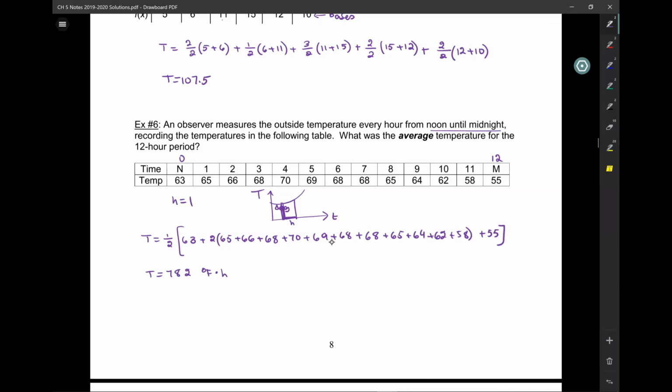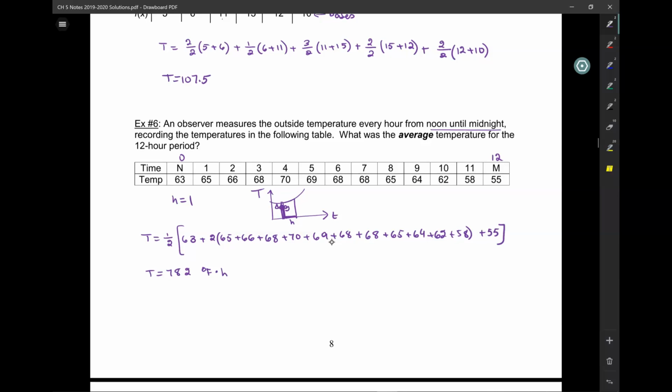What am I looking for though? I'm looking for the average temperature, which should be in degrees. So what should I divide by to get rid of those hours so it's just in degrees? I need to divide by a time unit. And if it's the average that I'm looking for, then that's what I need to do.